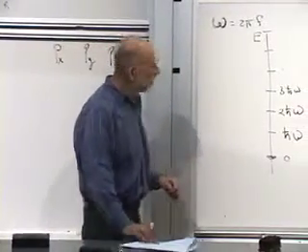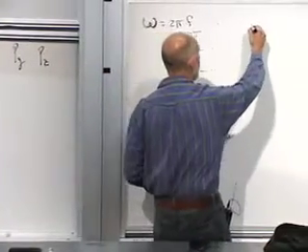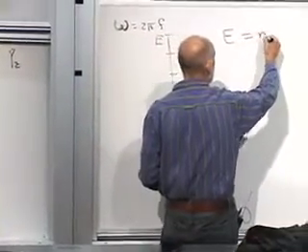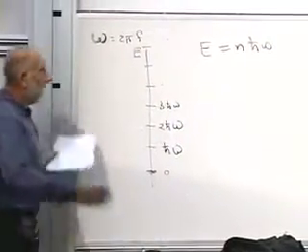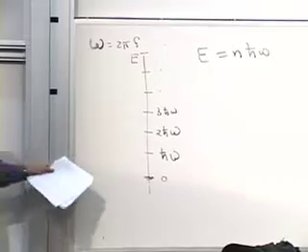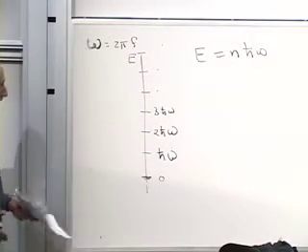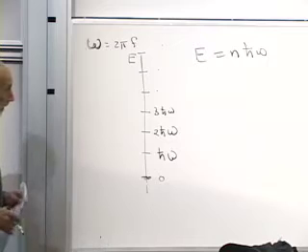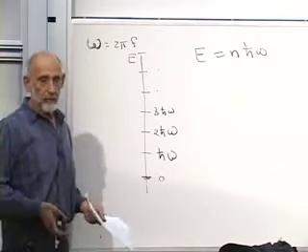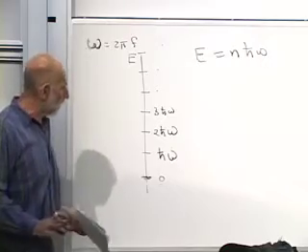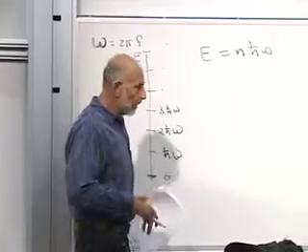We can label them with an integer, and we can write that the energy is n times h bar omega, where n is just an integer which labels which one of these states the oscillator is oscillating in. For us here, it's just a matter of notation. The mathematics of it, we don't need to get into.